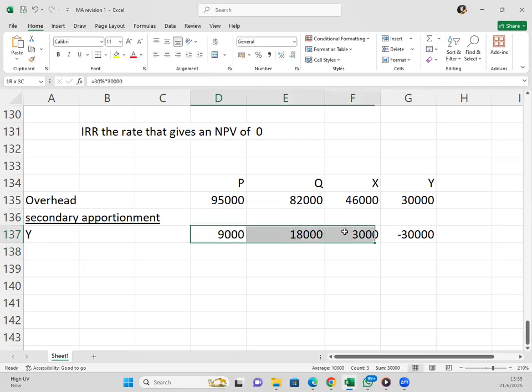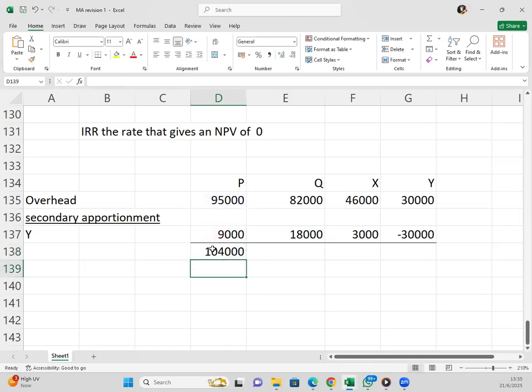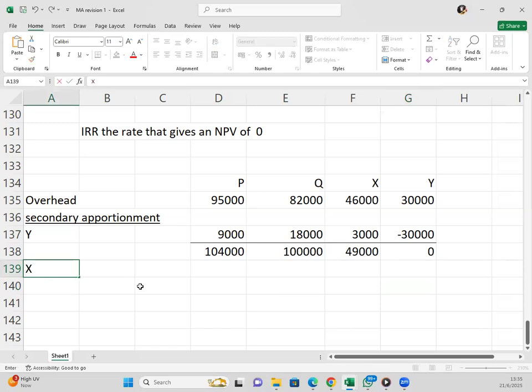After we have apportioned, we have eliminated department Y. Now we have to eliminate the next service department, X. For eliminating service department X, we have to eliminate 49,000.